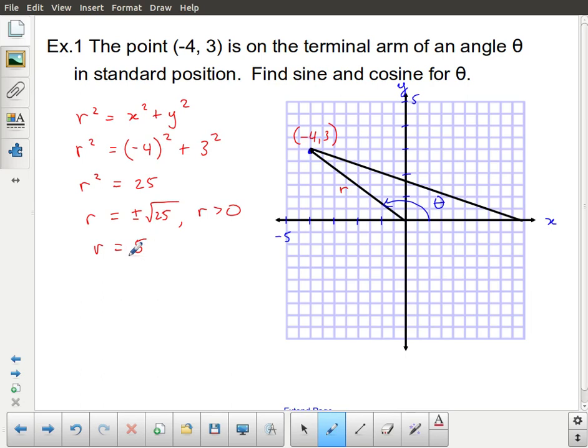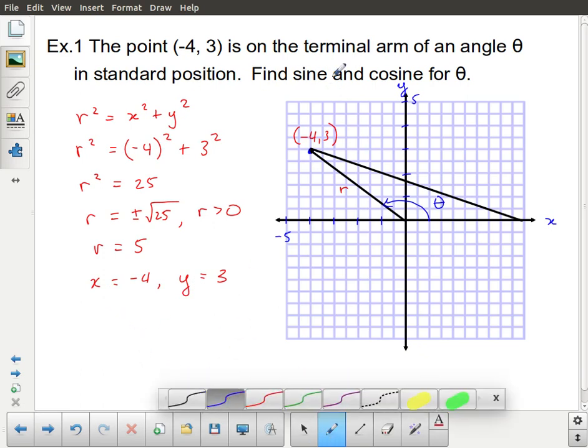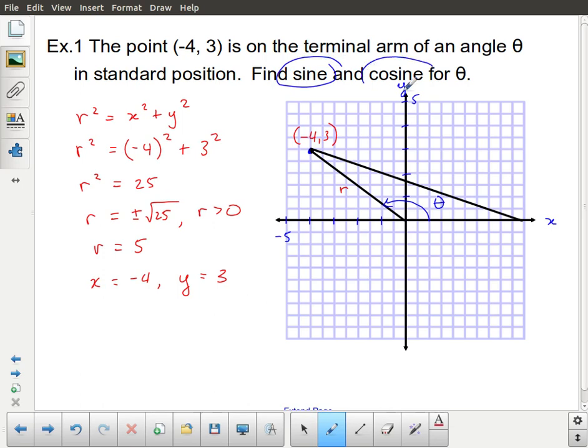Okay, now I've got my r value, and I already knew that the x value was equal to -4, the y value was equal to +3, and so now take a look at what happens when I find sine and cosine for theta.